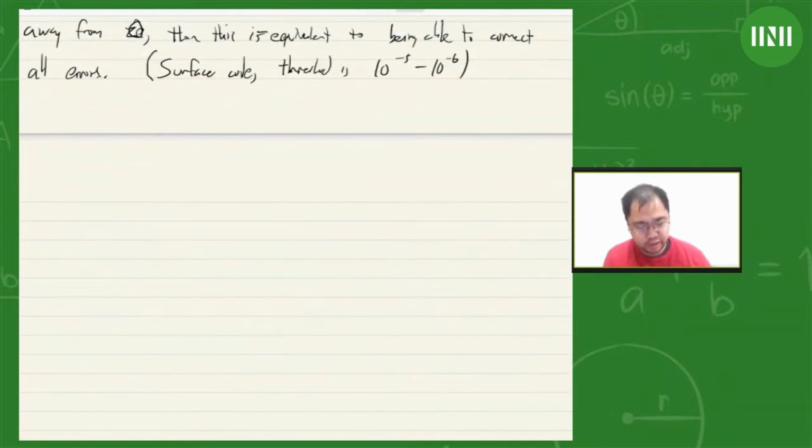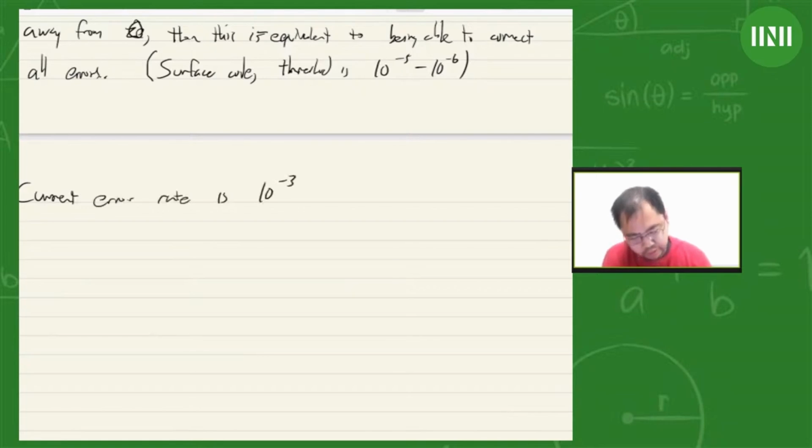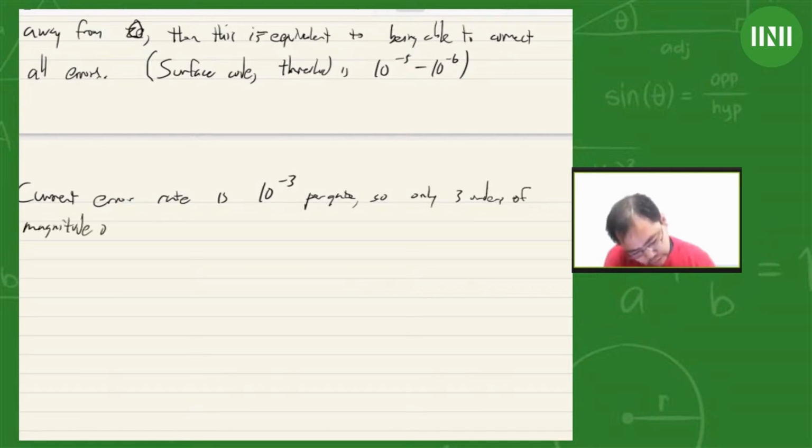What I mean by not bad is that the current error rate is about 10 to the minus 3 per gate. So only 3 orders of magnitude off. It's in some sense in sight.